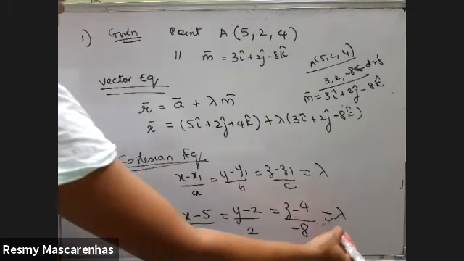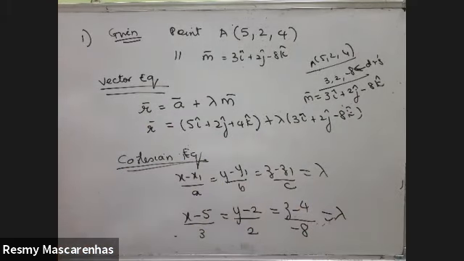This is the Cartesian equation of a line. I hope it is clear, because if you are not understanding, you should ask. Together it is 12 marks on the entire chapter. Mostly this 3D part will come for 7 to 8 marks, and vectors will be just 4 marks or so.